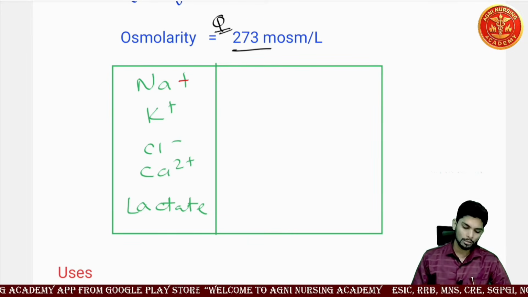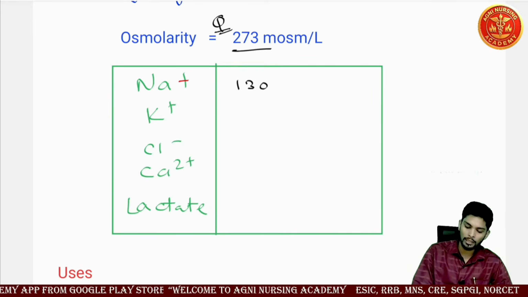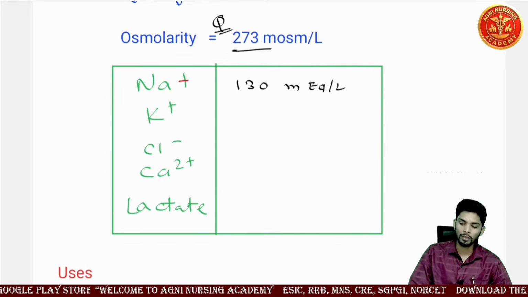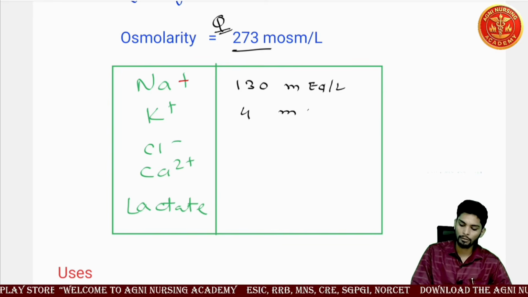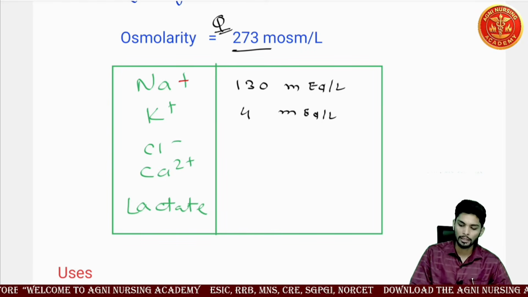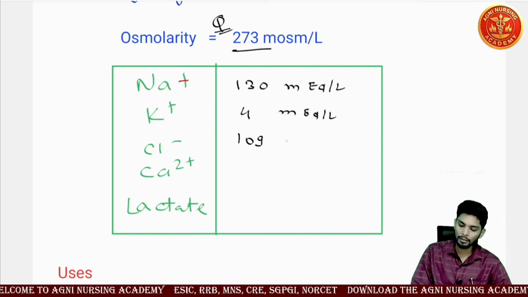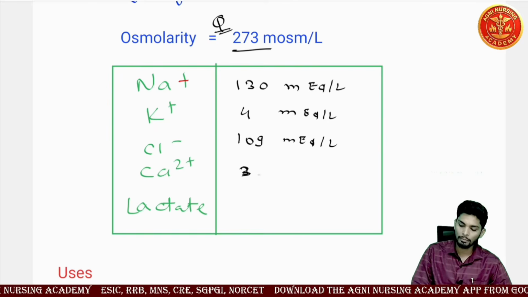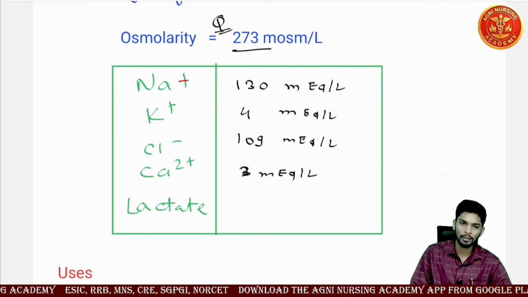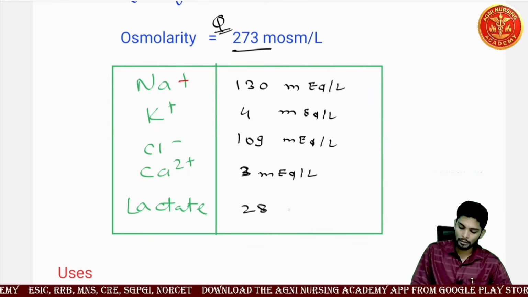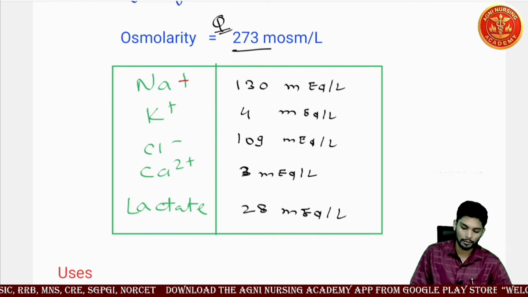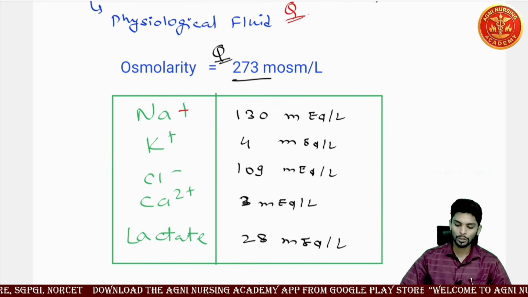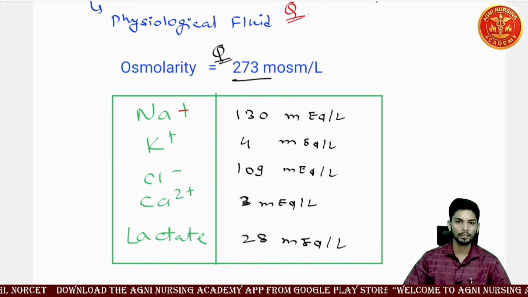Okay. So the sodium will be 130 milliequivalent per liter. Potassium will be 4 milliequivalent per liter. Chloride will be 109 milliequivalent per liter. Calcium is 3 milliequivalent per liter, and lactate is 28 milliequivalent per liter. So in the RL solution, the total osmolarity of ringer lactate is 273 milliosmol per liter.